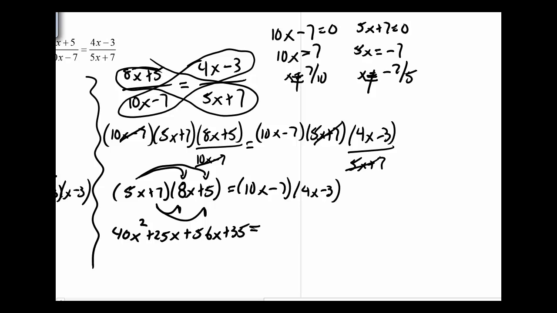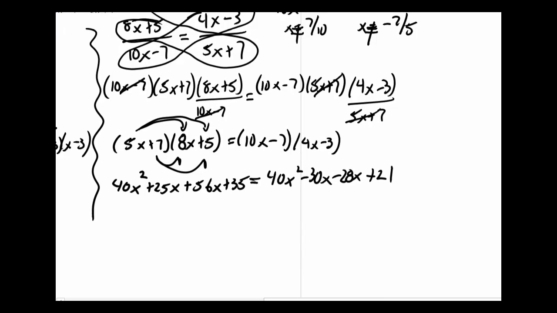And over on the other side, when I double distribute or FOIL that, I get 40x squared, minus 30x, minus 28x, plus 21.